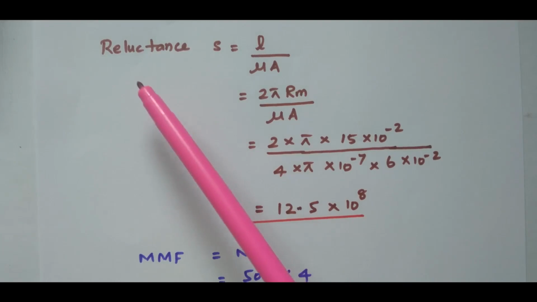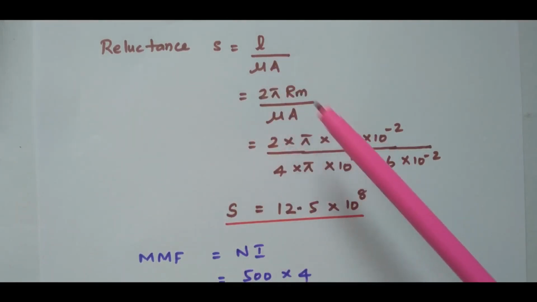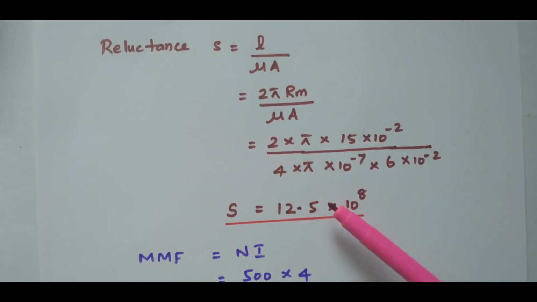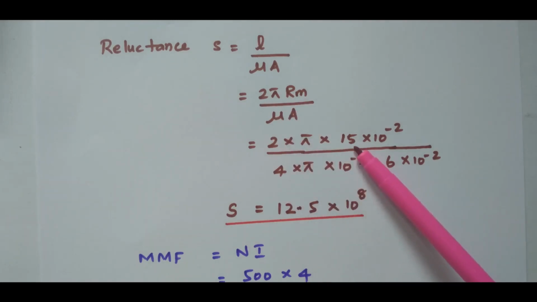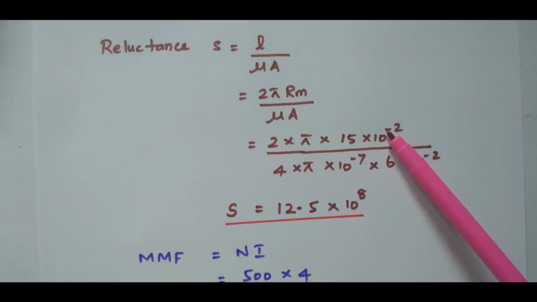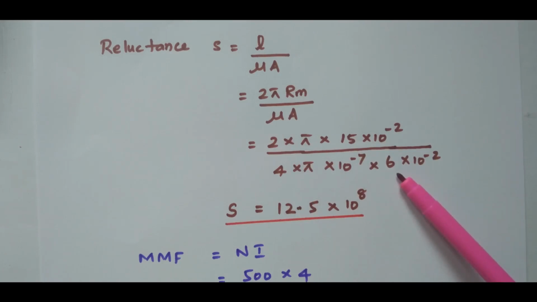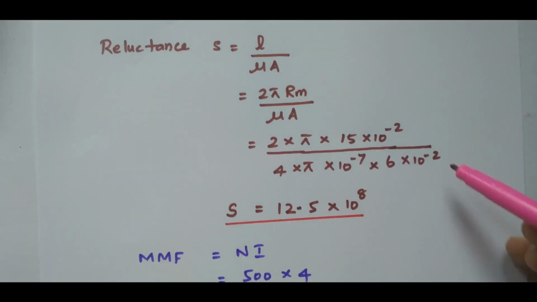So first we'll see the reluctance. Reluctance S equal to L divided by mu A, very similar to resistance. The L is nothing but 2 pi rm. The length is nothing but the circumference of the toroid. So 2 pi rm divided by mu A. So 2 into pi into rm, the mean radius, is 15 into 10 to the power minus 2, divided by mu, which is 4 pi into 10 to the power minus 7, and the area is given as 6 into 10 to the power minus 4. The area is given in centimeter square, while converting to meter square it is 10 to the power minus 4.